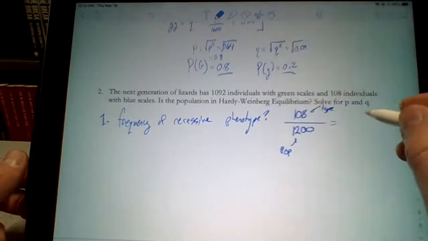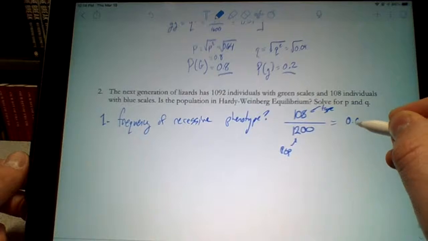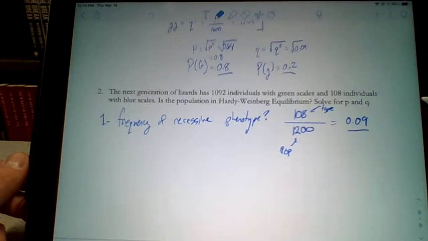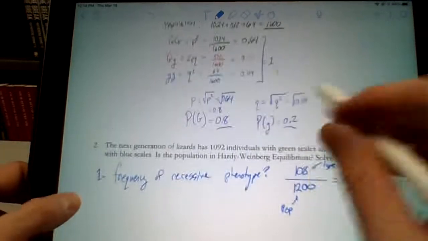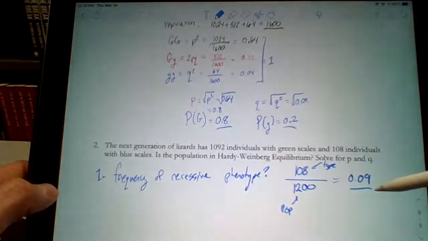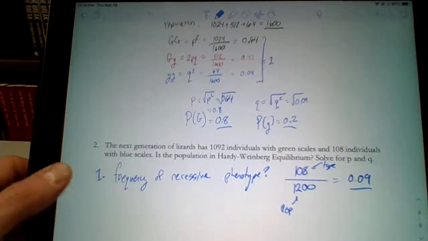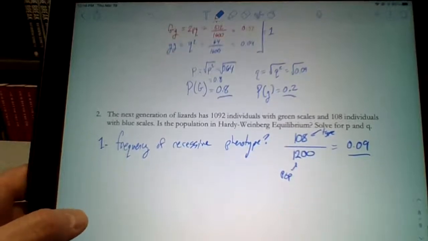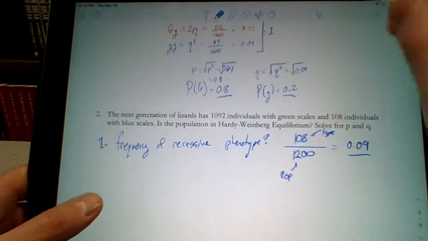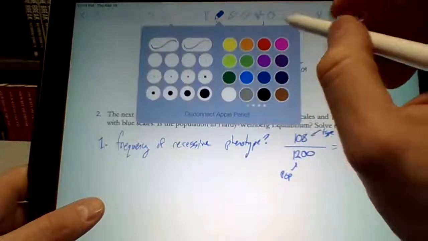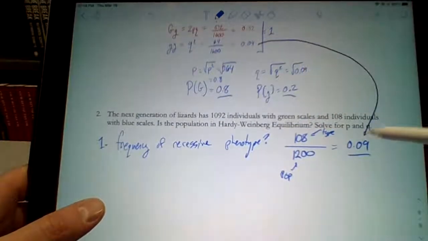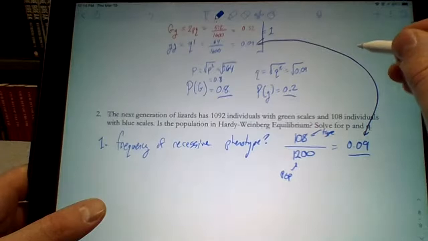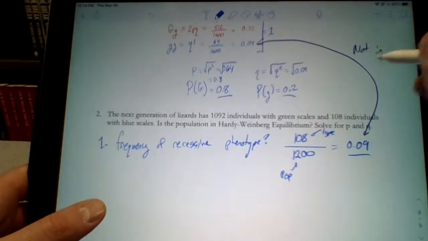So it's 9%. So already we could say that this is probably a different genotype, right? Look, 0.04, 0.09. So already we know that evolution has occurred. So the population is not in equilibrium. So we can even just do that right away. We can go like this and say, not in equilibrium.